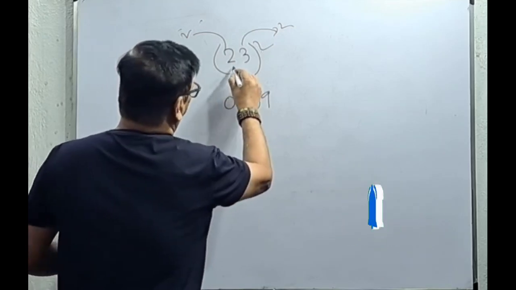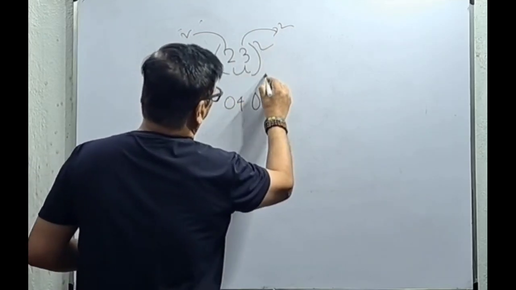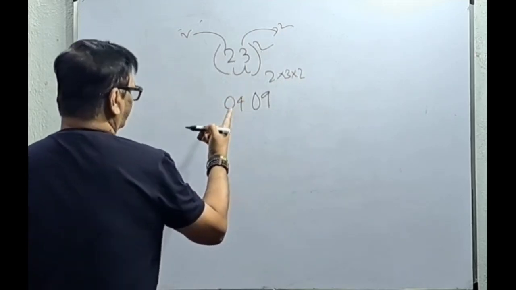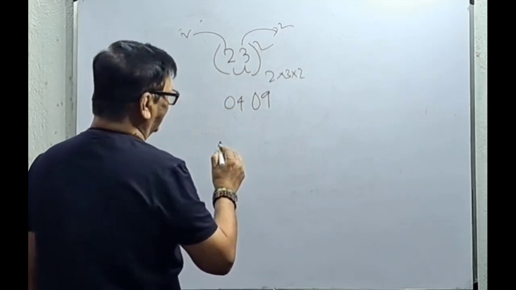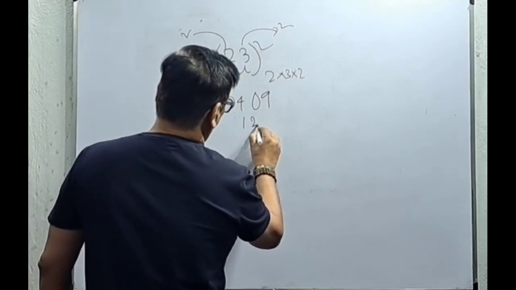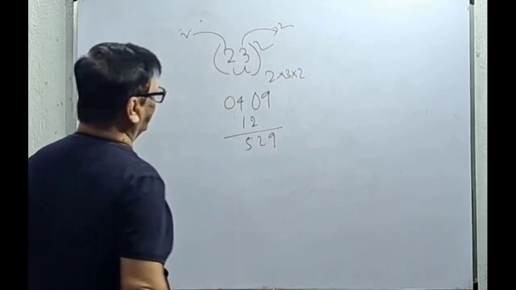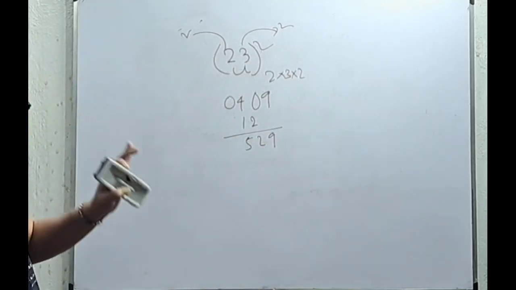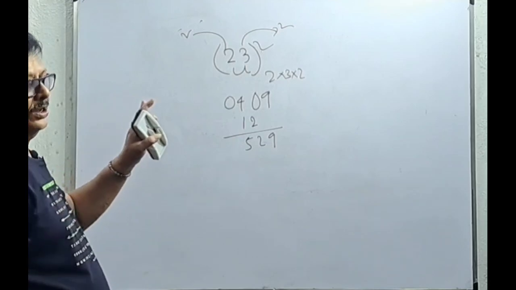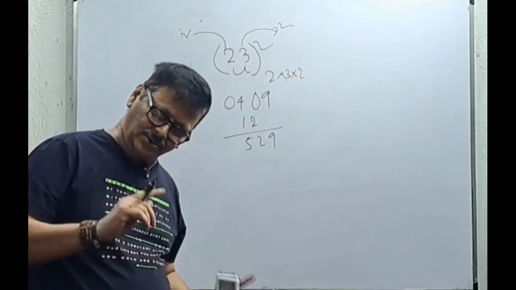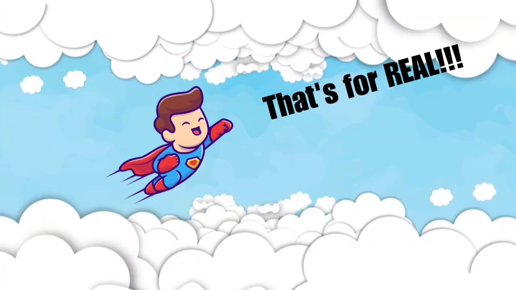Now multiply 2 with 3 and then multiply with 2. 3 2s are 6, 6 2s are 12. So 9, 2, 5. This is what you call an easier way of calculating squares. Now for 3-digit numbers, I'll also give you the shortcut, don't worry.